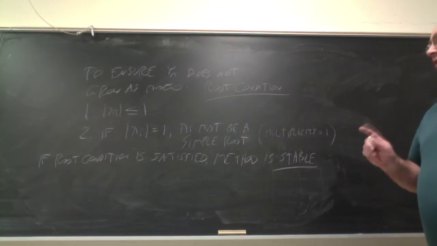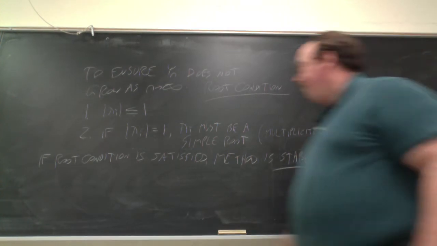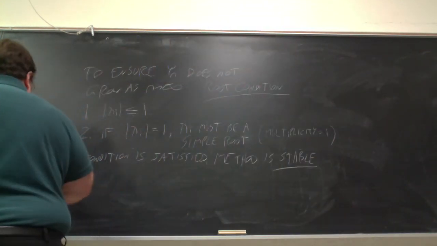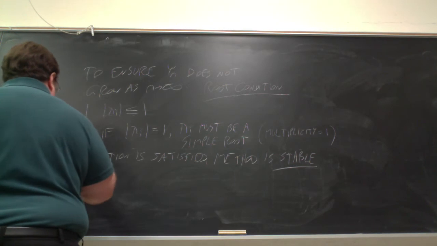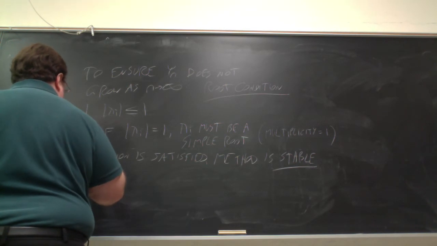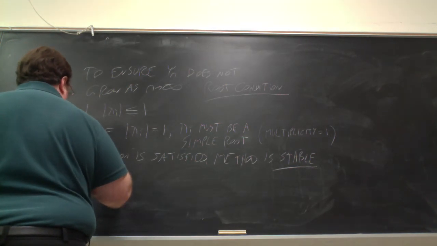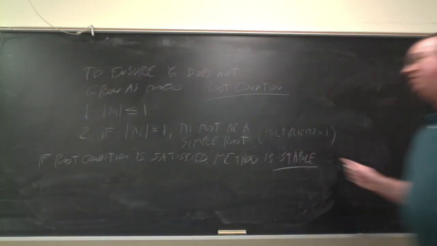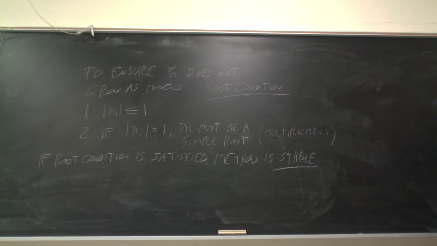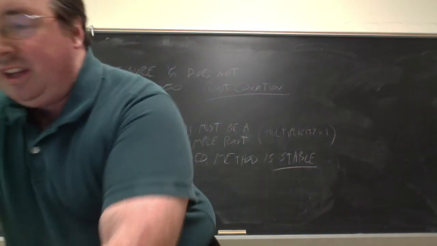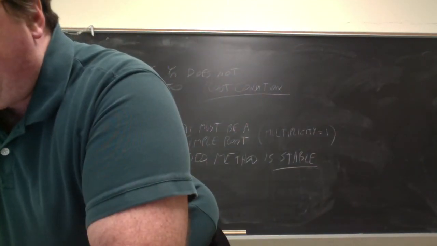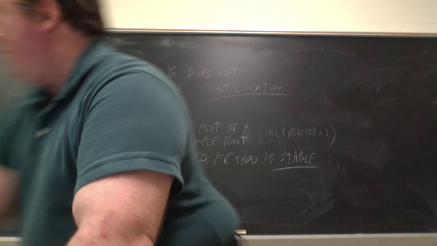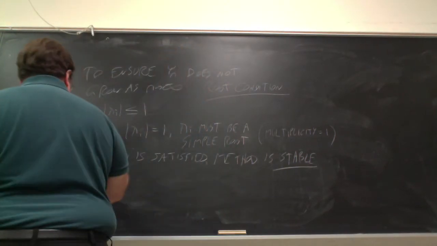If I focus on a particular kind of multi-step method, though, we can make a pretty sweeping conclusion about it. So, Adams methods. Oh, actually, before I do that, even when you ensure that the root condition is satisfied, there's two kinds of stability. They're called strongly stable and weakly stable.